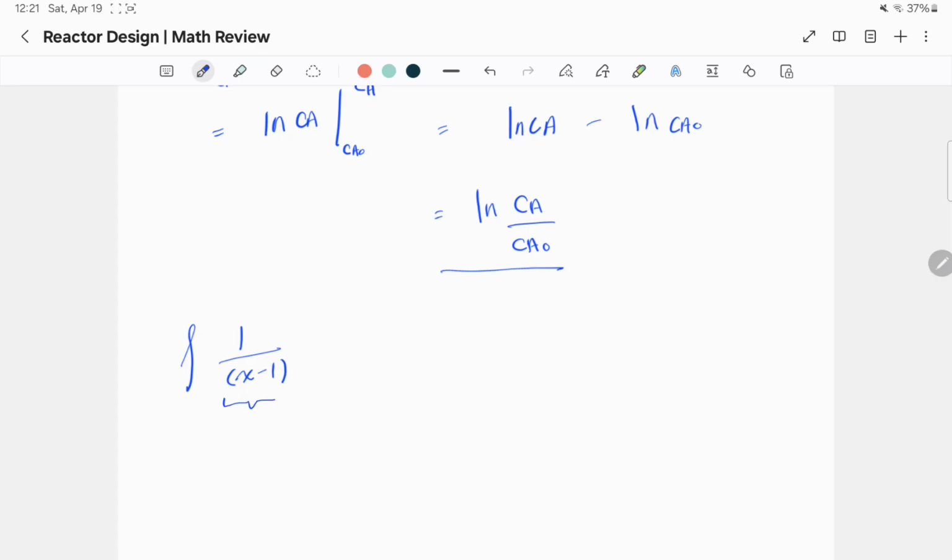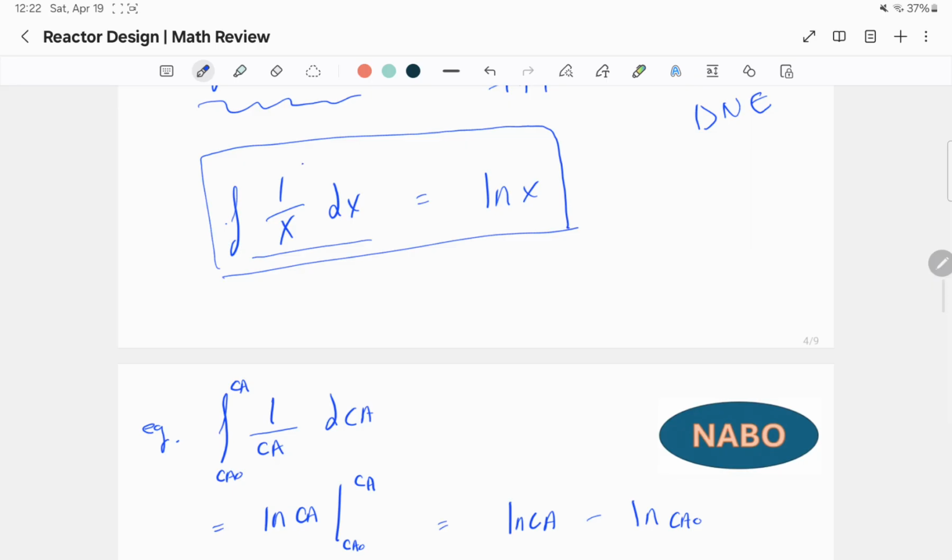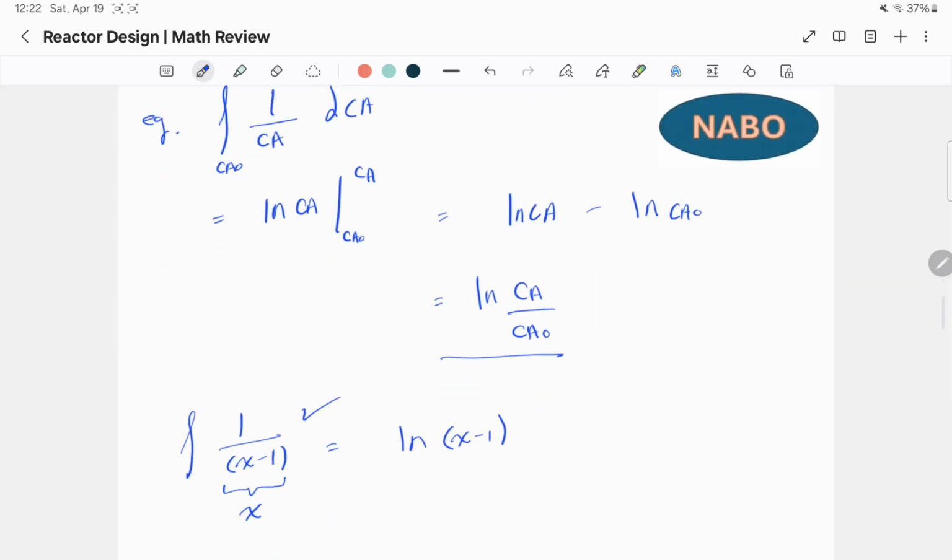You can look at this term as an x, use it as an x, and solve it the same way, which will give you an answer of ln x minus 1. Okay, so likewise, these functions here can be solved the same way as an integral of 1 over x.